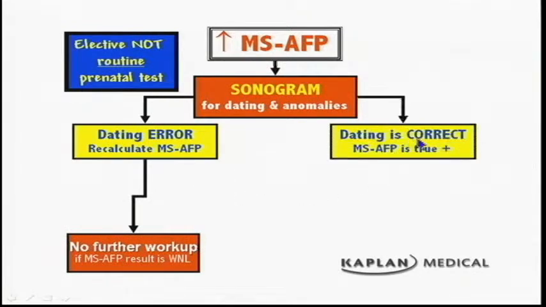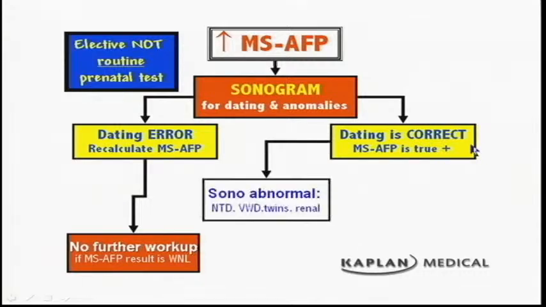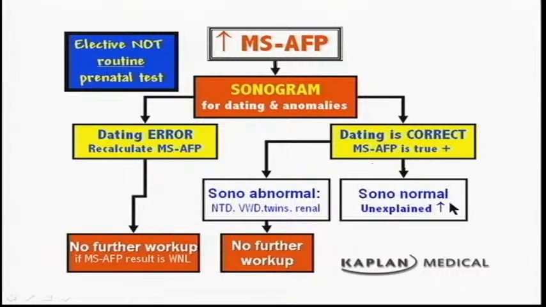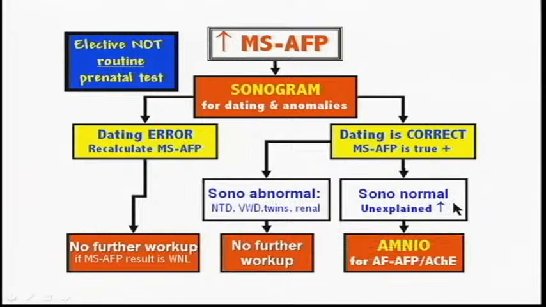If the dating is correct and it doesn't explain why it's high or low, the MSAFP is a true positive, then what we need to look for is, is there an abnormality in the fetus? Neural tube defect, ventral wall defect, etc. If that explains it, we're done, because you already have the explanation. If the dating is correct and ultrasound is normal, no fetal anomalies, unexplained elevated MSAFP, then you go for an amniocentesis, and we just talked about that.